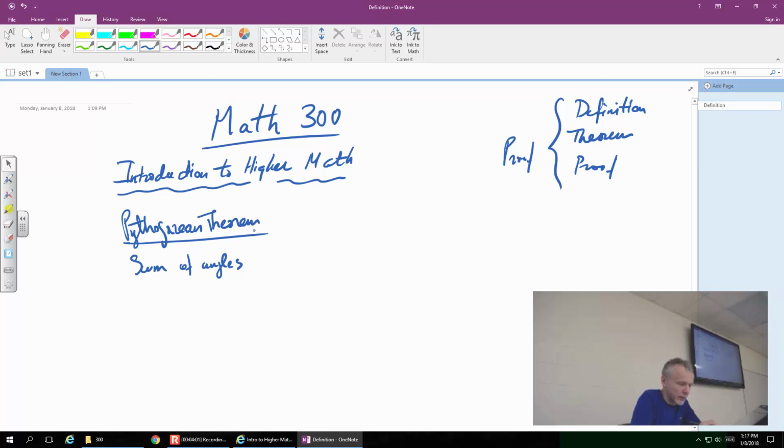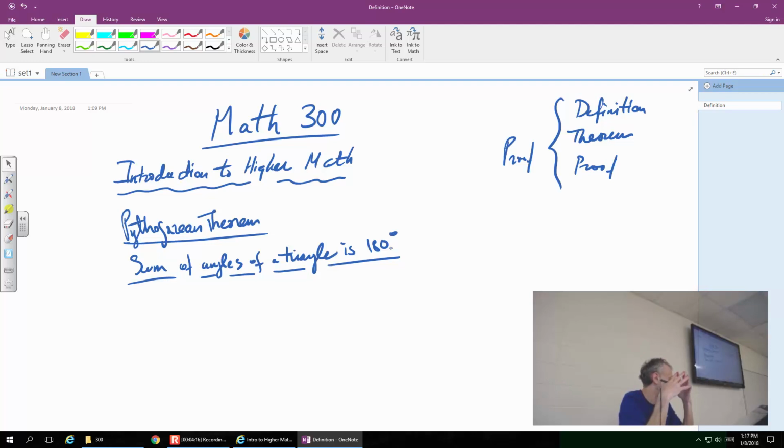Well, it's more for fun, I think. Angles of a triangle is 180 degrees. Okay, so that's another one. But geometry does require, you might remember, Euclidean geometry actually is based on Euclidean axioms.